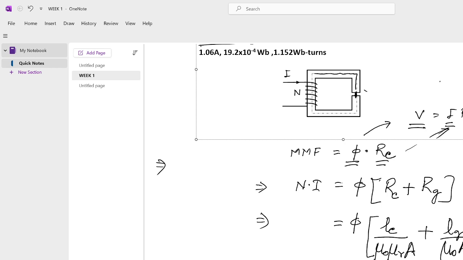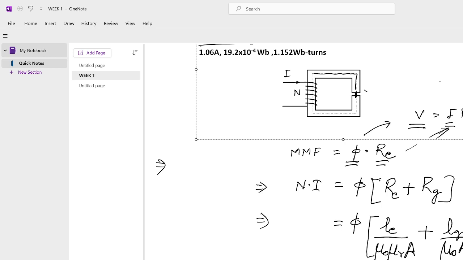Okay. And flux, you know, phi is equal to B into area. Yes, sir. Okay. So I will write this, Ni is equal to B into A, and I'll take mu naught A common from this.